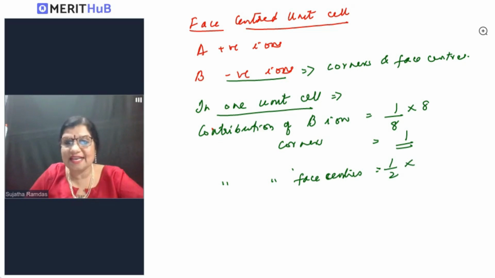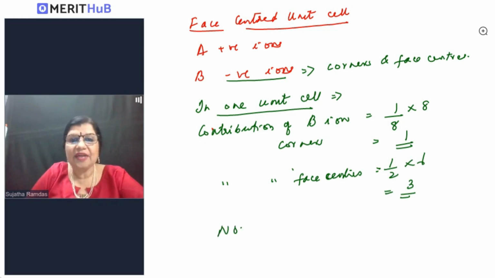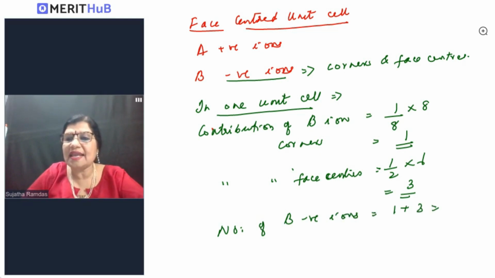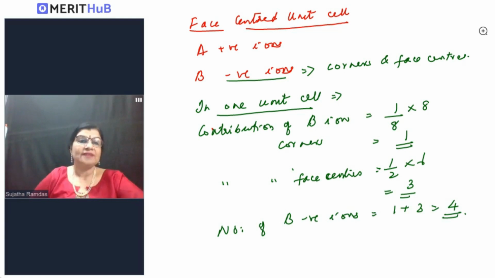Half of 6, and that is equal to 3. Which means in one unit cell, the number of B negative ions would be 1 plus 3 equal to 4. There are 4 B minus ions in that unit cell. The 1 comes from the contribution towards the corner positions, and the 3 comes from the contribution towards the 6 face centers. So there are totally 4 B minus ions.